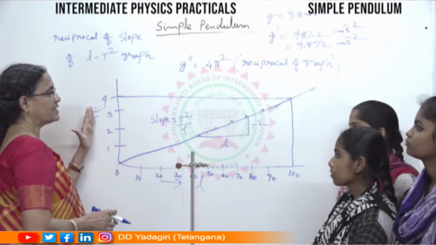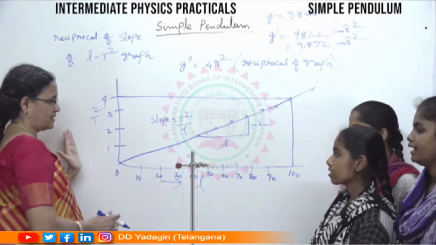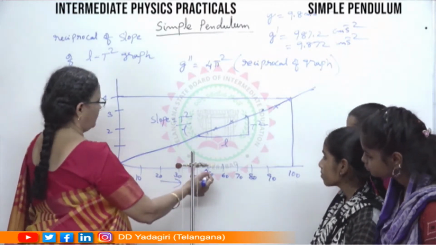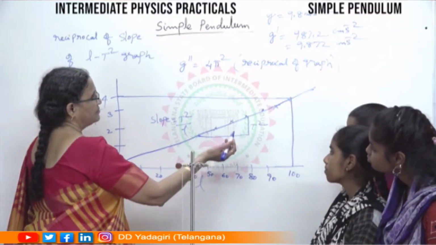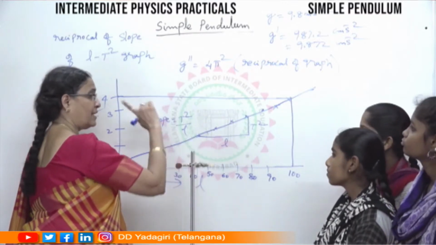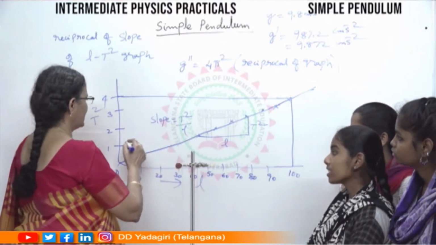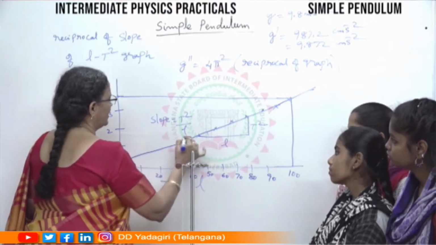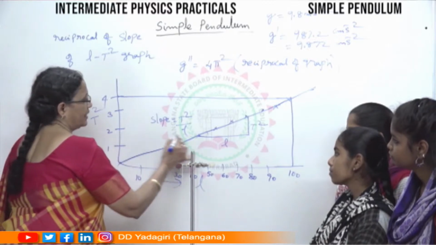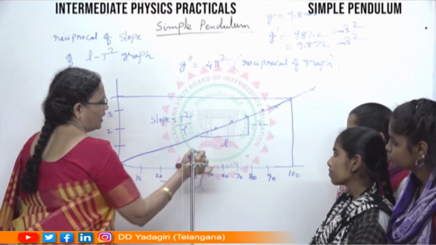In steps of 1 second square on the y-axis. So my first reading for 50, I recollect the earlier values. I got 1.96 or so. Near to 2 I should get. So this is the point I am drawing.